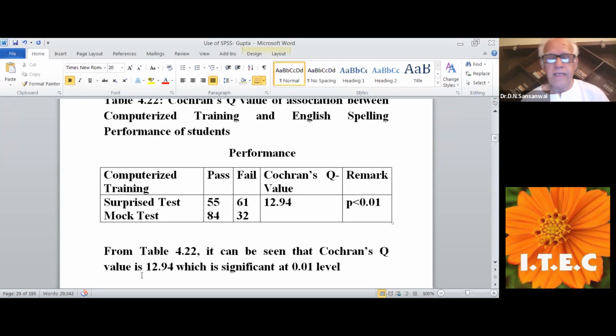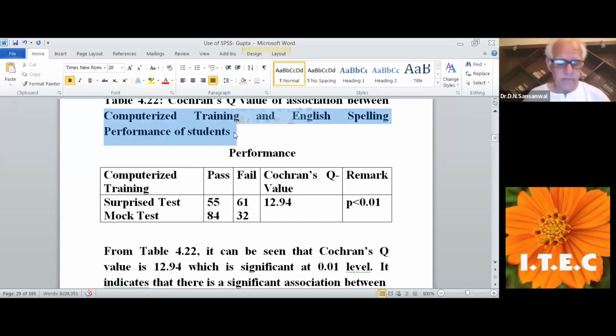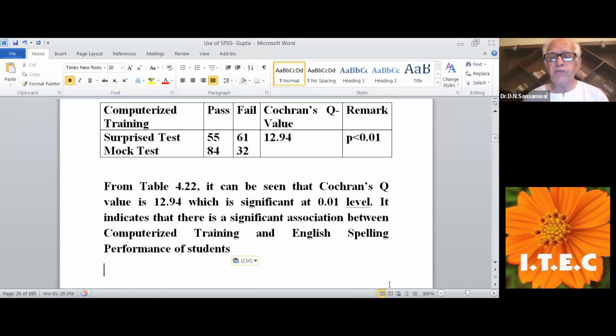So here, the Cochran Q is significant at this level. It indicates that there is a significant association between the computerized training and English spelling of students.